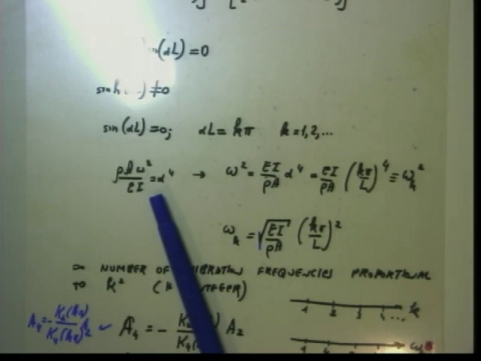So from here, omega square equals EI alpha to the fourth power divided by rho A.